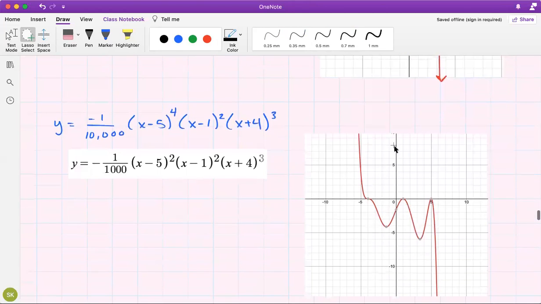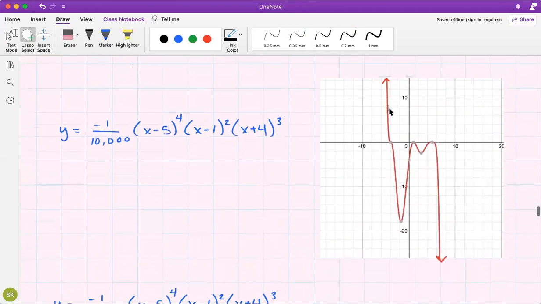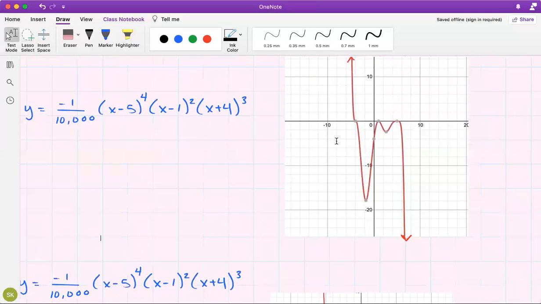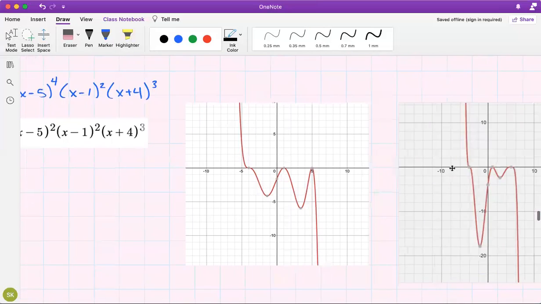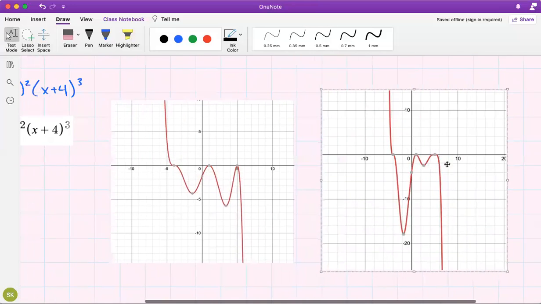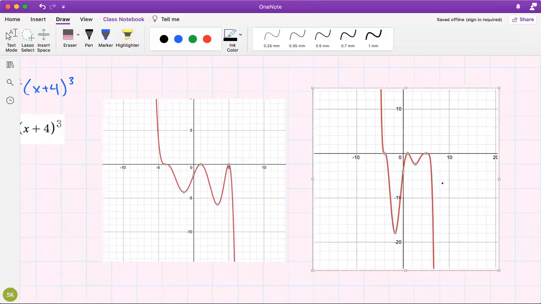Okay, let's compare this graph to the graph I had before. Notice that they're very similar. In fact, maybe we can put them side by side. So I'm going to move this one over here. So this was my original graph, and this is the new graph.